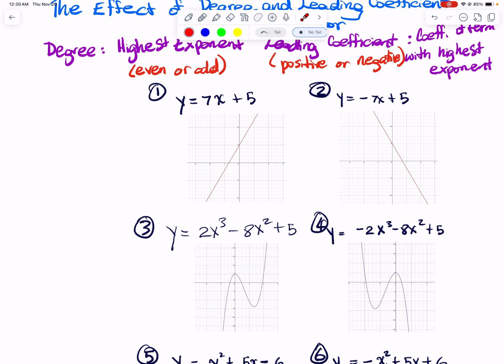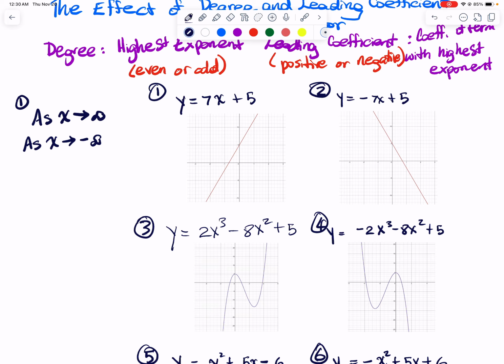So in order to state that, you're going to say as x approaches infinity, that means going infinitely to the right. And as x approaches negative infinity, that means going infinitely to the left.